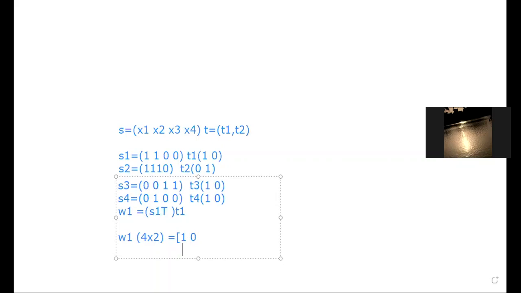Hope you are able to follow this. Likewise, you are writing your W2, W3 and W4 also.